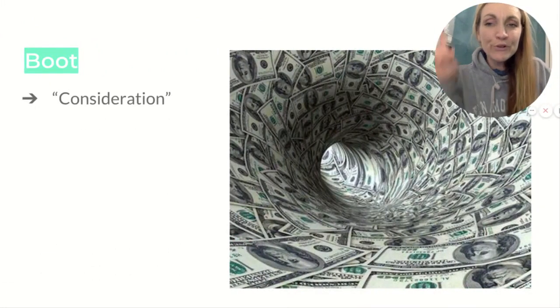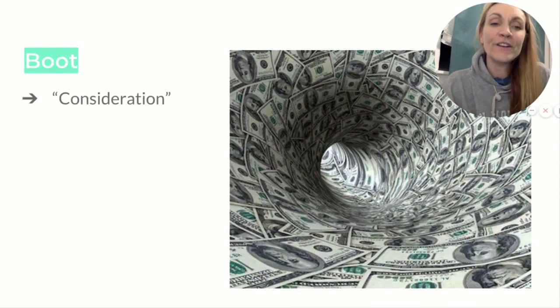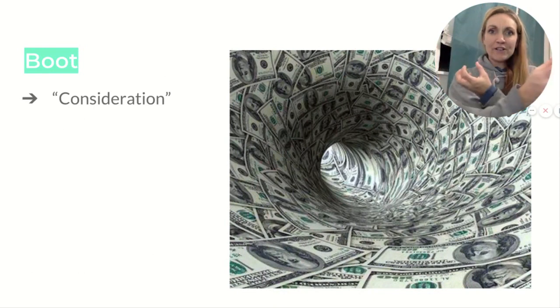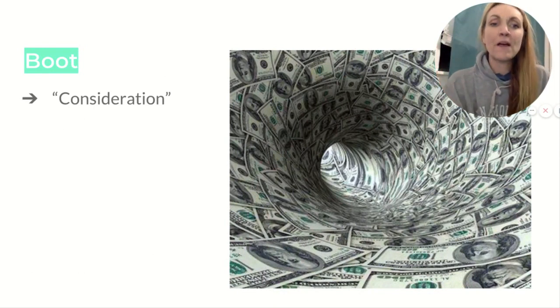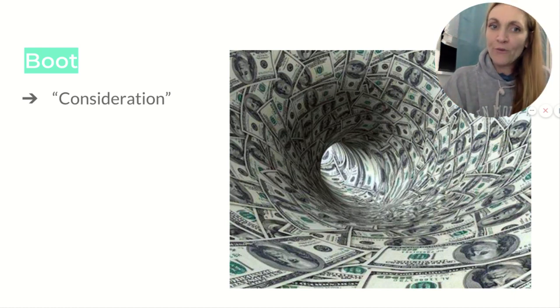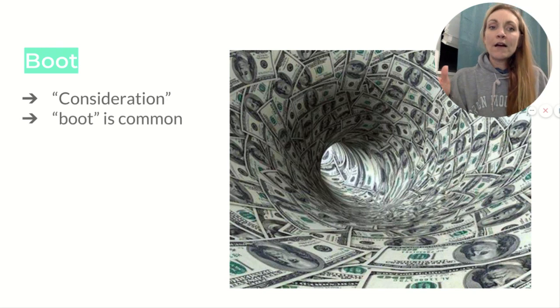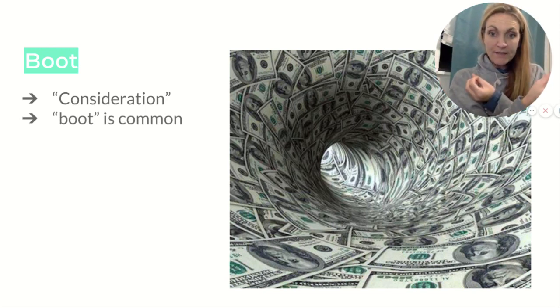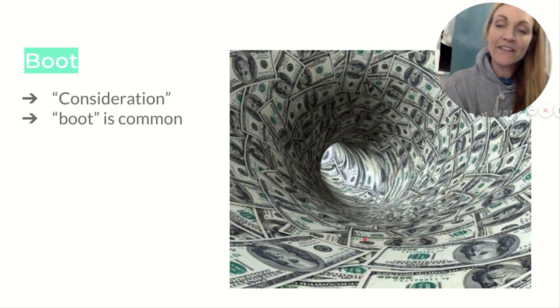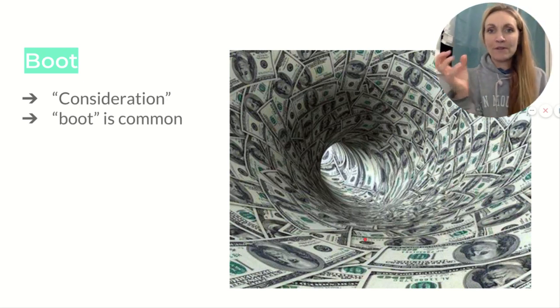All right, boot, an interesting word. So we have a like-kind exchange. Two people are exchanging a property. Boot is consideration, which is value. Because when you exchange two properties, it's very unlikely that you actually find two properties worth the same.